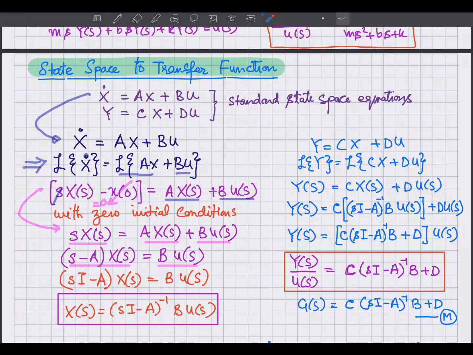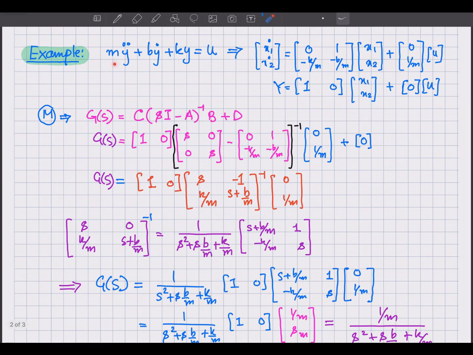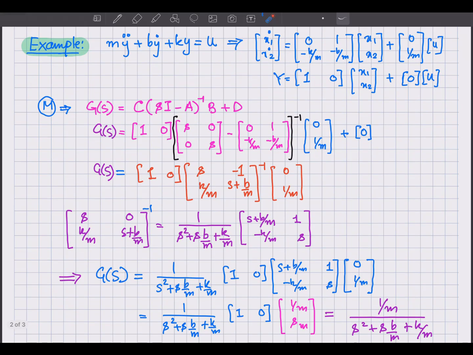So taking A, B, C and D matrices from that example, let's see how we can develop the transfer function. So this was the system, this was a differential equation. We have written its state space model, and from this model we know the matrices A, B, C and D. Now we are going to translate it back into the transfer function.